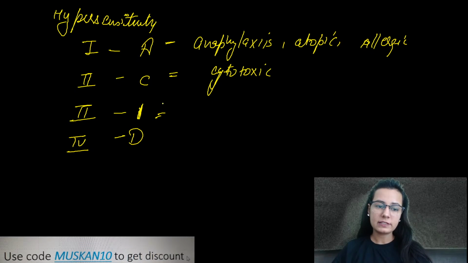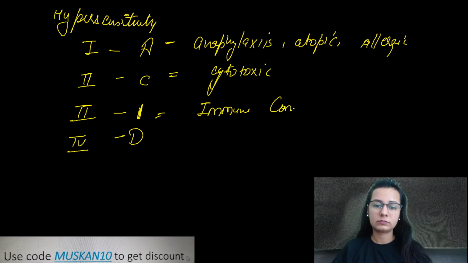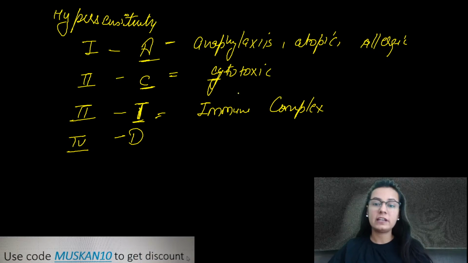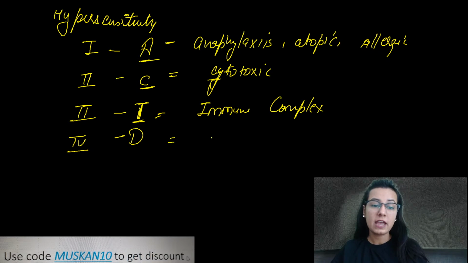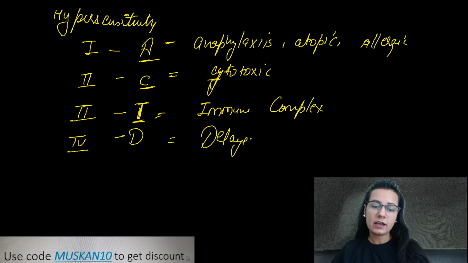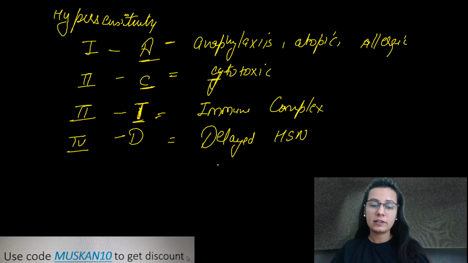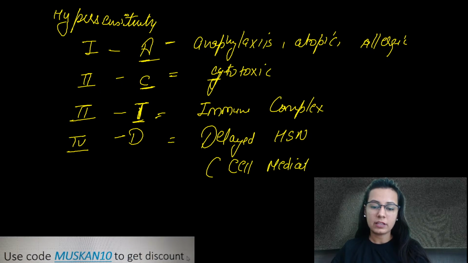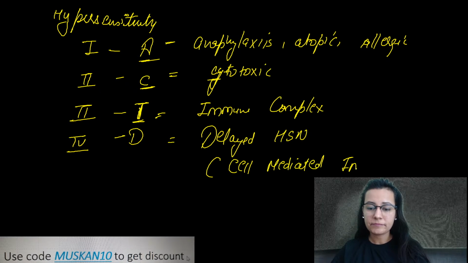And type 3 is immune complex mediated. A for anaphylaxis, atopic, and allergic, C for cytotoxic, the type 2, I for immune complex, and D for delayed hypersensitivity reaction, that is mainly cell mediated immunity.